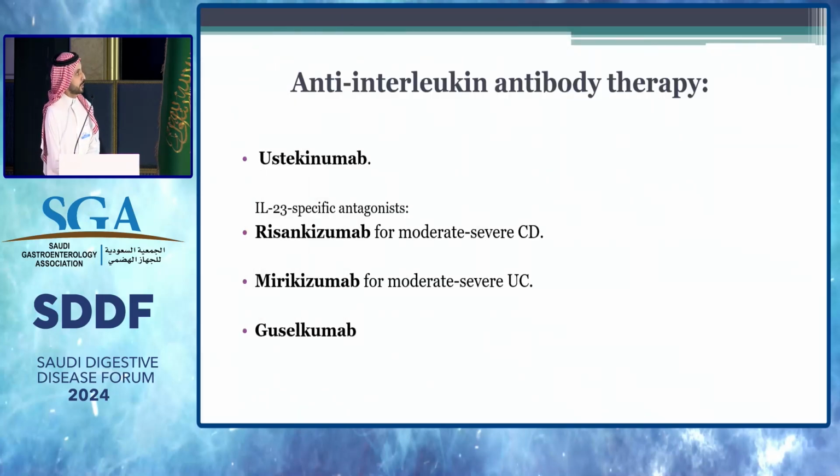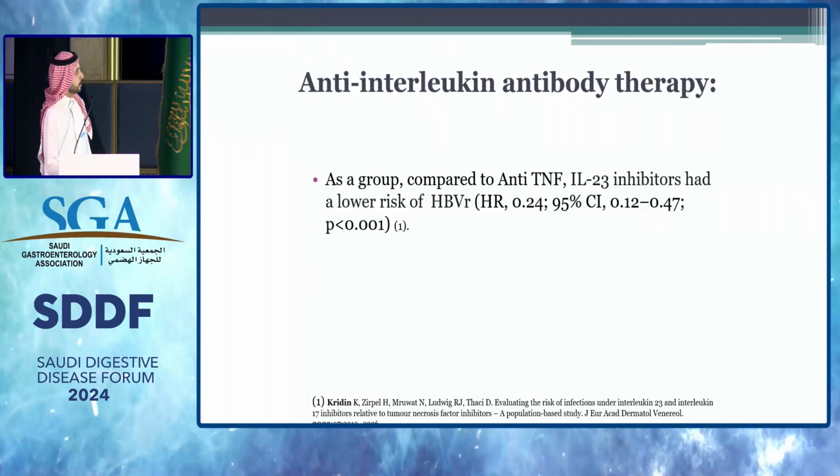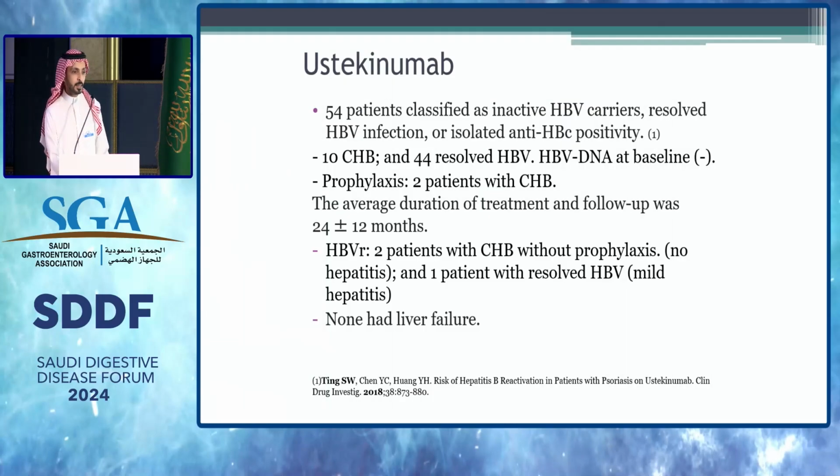For anti-interleukin antibody therapy, as a group, compared to anti-TNF, it had a lower risk of reactivation with a hazard ratio of 0.24. And for ustekinumab, there was a study by Ting, SW, and colleagues in 2018 where 54 patients were classified as inactive HBV carrier, resolved HBV infection, or isolated anti-HBV core positivity. 10 had chronic hepatitis B, 44 had resolved HBV, and HBV DNA at baseline was negative.